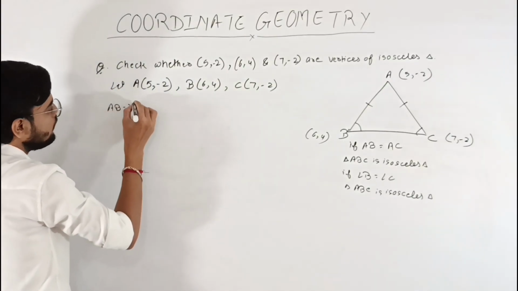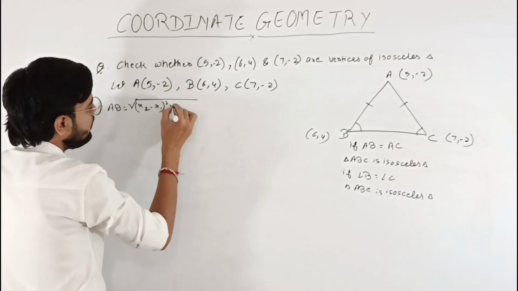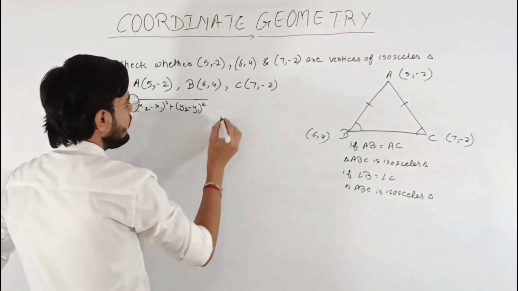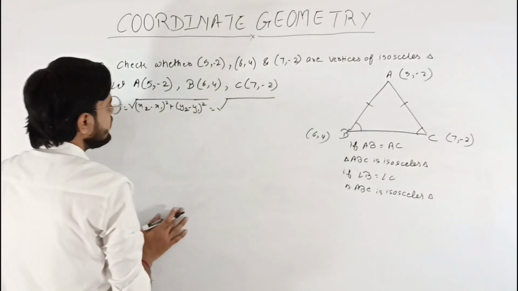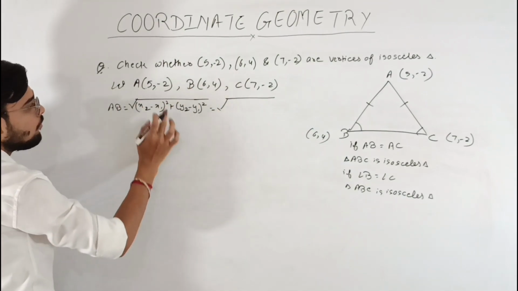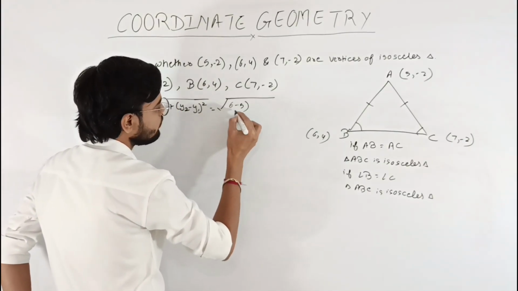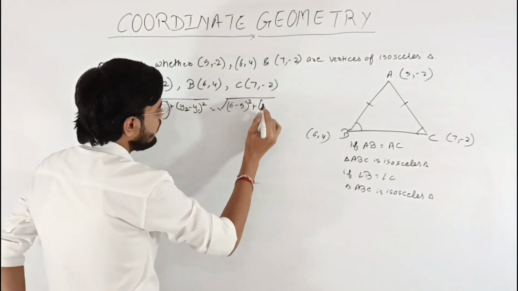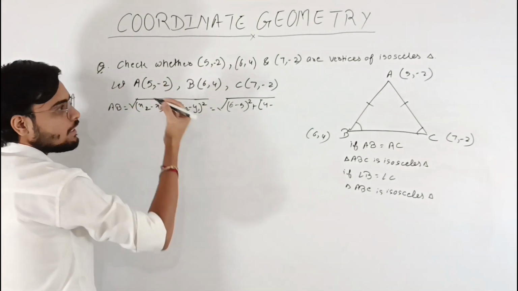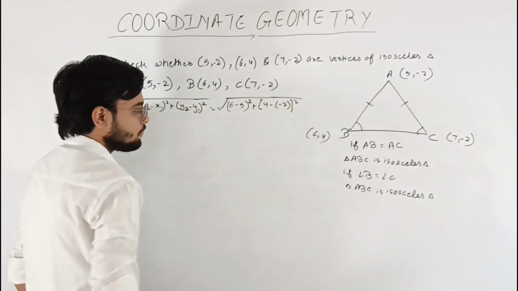AB, using the distance formula, is the square root of (x2 minus x1) squared plus (y2 minus y1) squared. Now look here, which one is x2 and x1? In AB, x2 is 6, x1 is 5, y2 is 4, y1 is -2. So x2 minus x1 is 6 minus 5, squared, plus y2 is 4, minus y1 which is -2, squared.